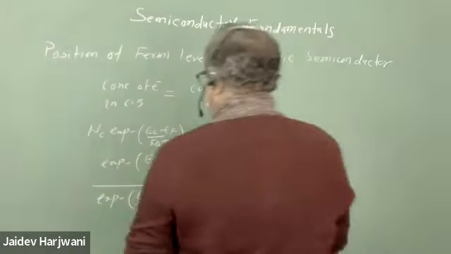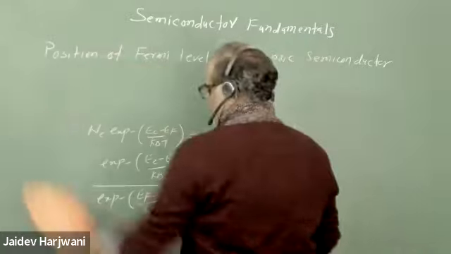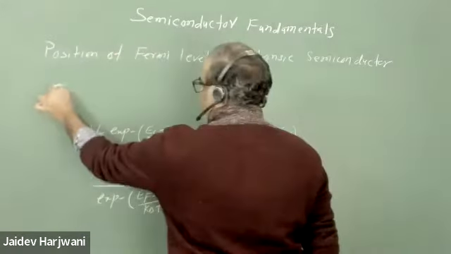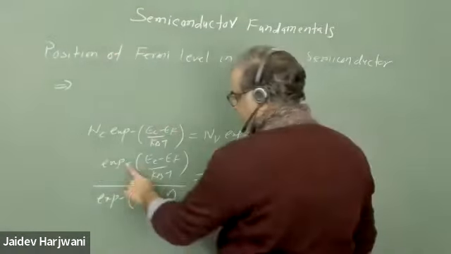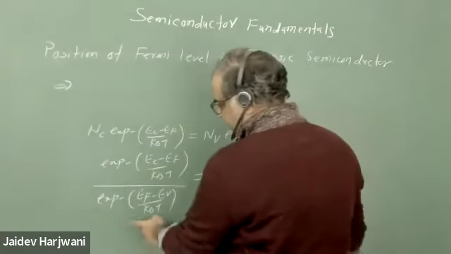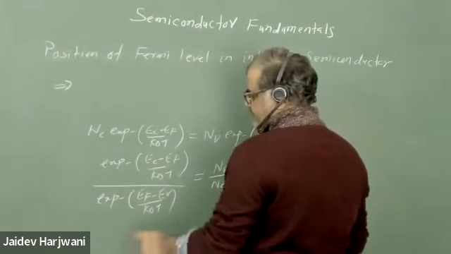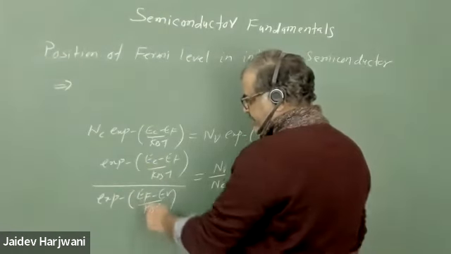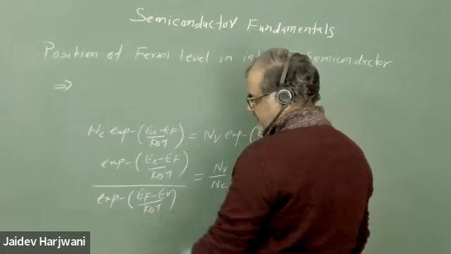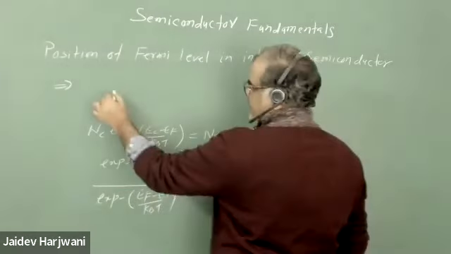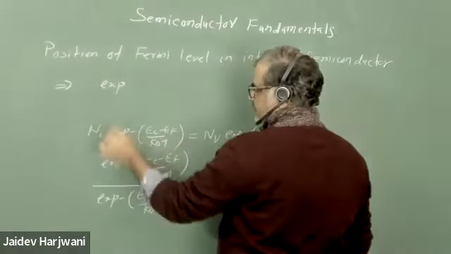Now if I solve this, this implies minus EC plus EF. If I send this one over, this becomes positive, that means your EF will be positive and EV will also be positive.